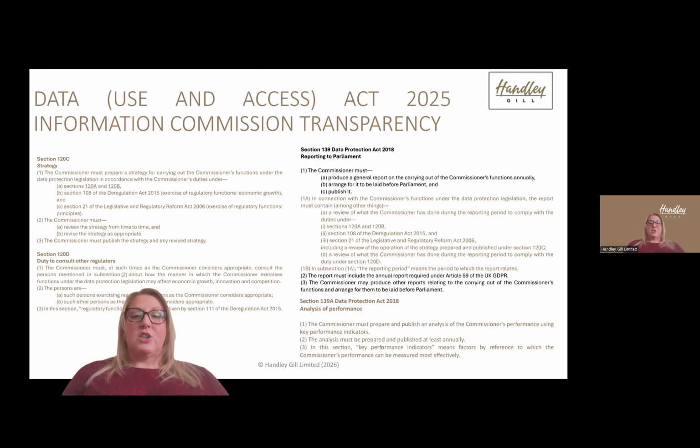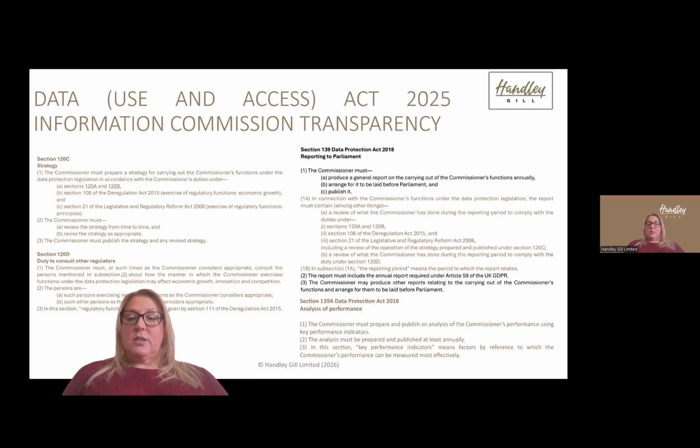There was then a requirement introduced at Section 120C to prepare a strategy for carrying out their functions, which must be reviewed and revised from time to time and published. In preparing that, generally how to comply with their functions, the Commissioner must, in accordance with the new Section 120D, consult with other appropriate regulators, essentially, in the manner in which they exercise their functions and how it may affect economic growth, innovation and competition.